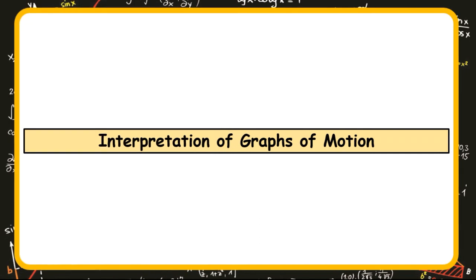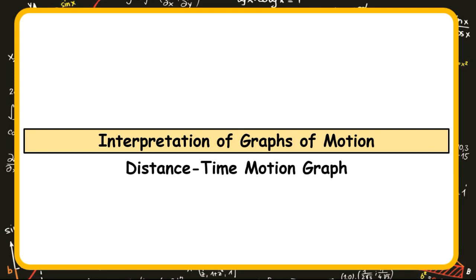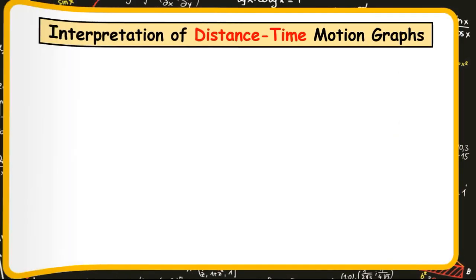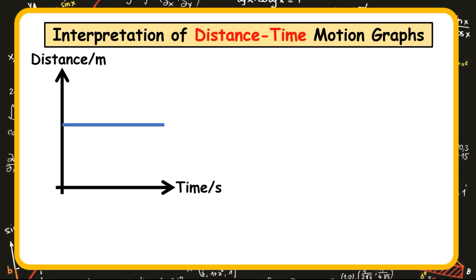Let's then do an interpretation of the various graphs of motion. Let's start from the distance time motion graph. Friends, when you have a graph of this nature, and after plotting and joining the various plots or points, you get this straight horizontal line.